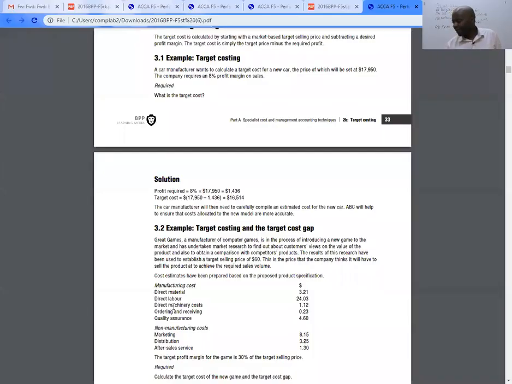Cost estimates have been prepared based on the product specification. For this manufacturing and non-manufacturing cost, you are supposed to add all of them. Kindly add all these costs of producing this product for me.